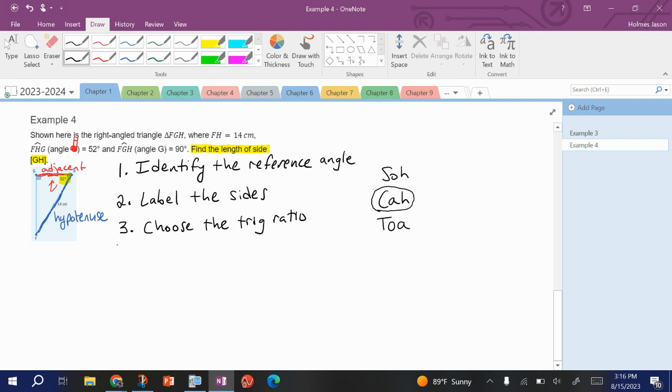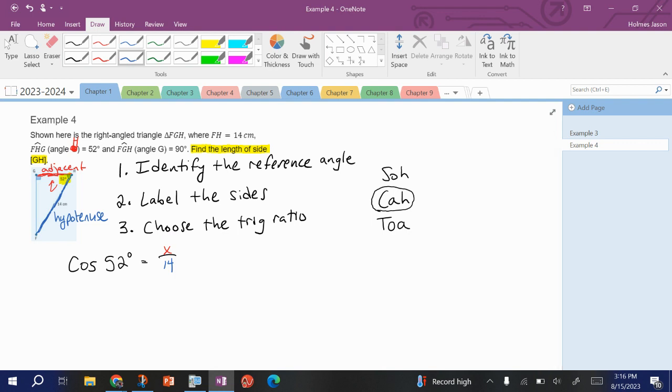So we're going to use the cosine in this case. We'll have the cosine of 52 degrees is equal to the adjacent. Now the adjacent is what we're looking for, so that's our x, over the hypotenuse, which is what we're given. And that's our 14. So there is our equation.